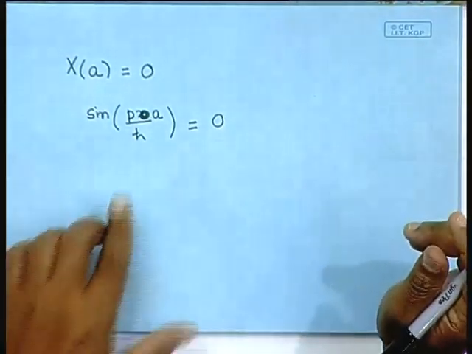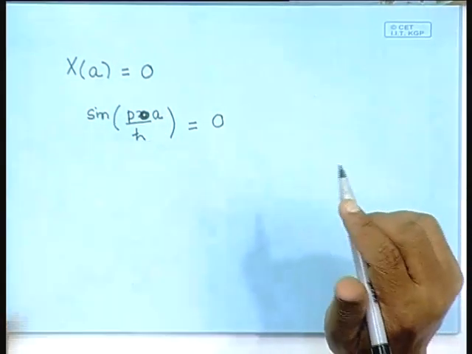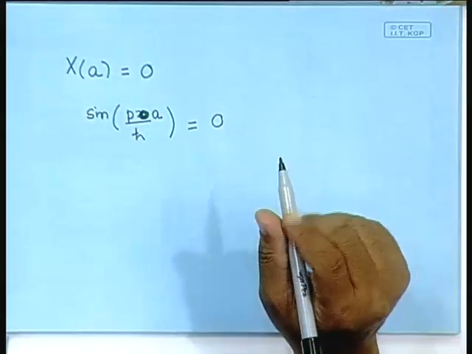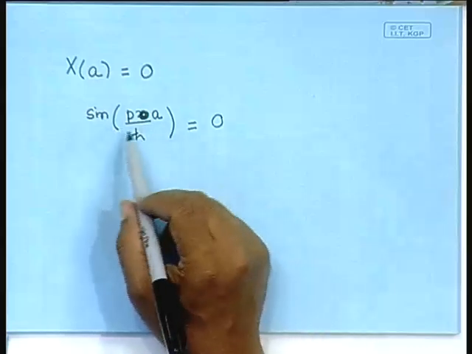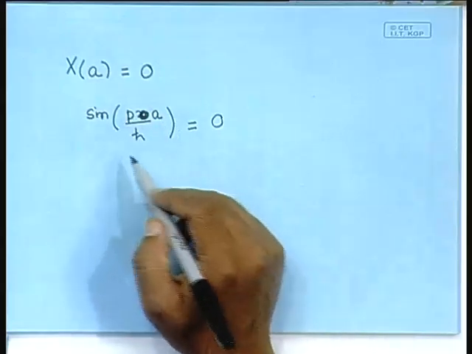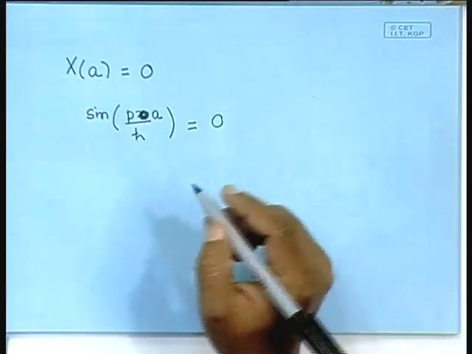Now, we know that the sine function vanishes whenever the argument is an integer multiple of pi.